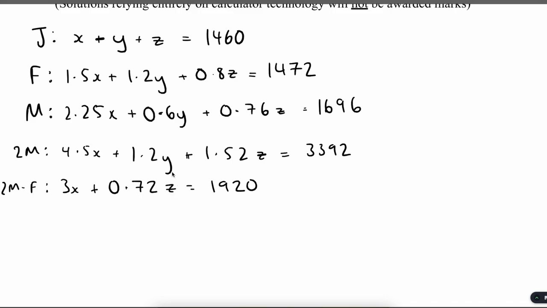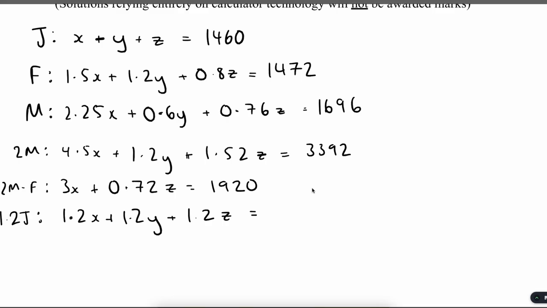Now what I'm going to do is try and find another way to cancel out y's and make another equation for x and z using different pairs of equations. And what I can see here is if I multiply this by 1.2, then I can use it to subtract from this and then get the y's to cancel again. So I'm going to do 1.2 lots of January, 1.2x plus 1.2y plus 1.2z equals 1460 times 1.2. So use your calculator.